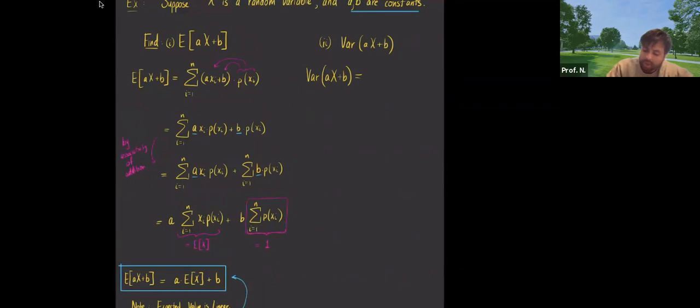So what is variance? Variance of this is equal to the expected value of ax plus b minus the expected value of ax plus b, and this whole thing is squared.